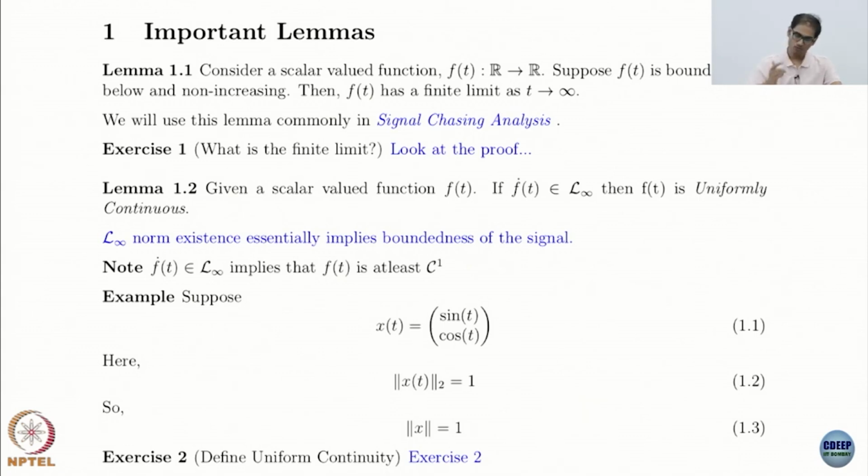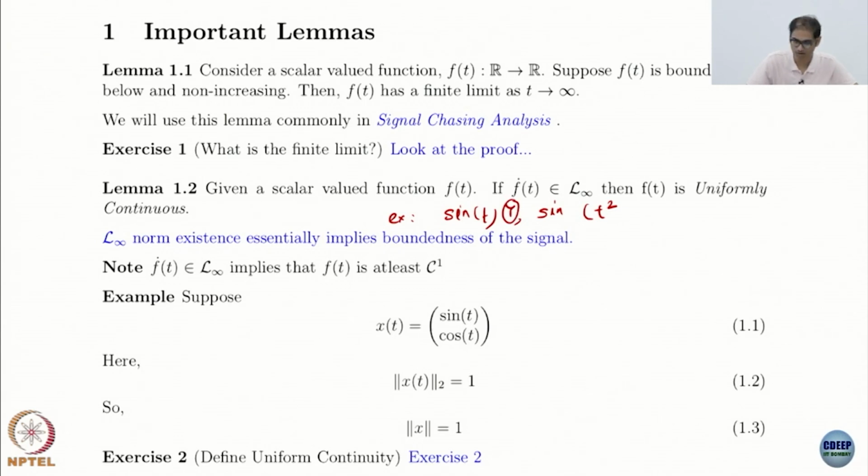So simple examples you can see. Because I know that f dot has to be bounded, I know that sin t is uniformly continuous. On the other hand, if I take sin t squared, is it uniformly continuous?